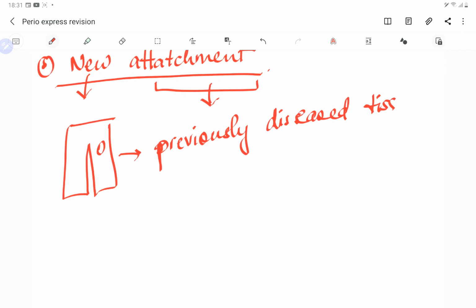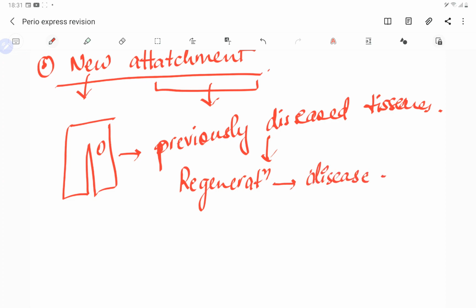We are taking it to the tailor, he is going to fix it. So basically it is kind of a regeneration, but to a diseased part. So regeneration of a diseased structure is what we call the new attachment.